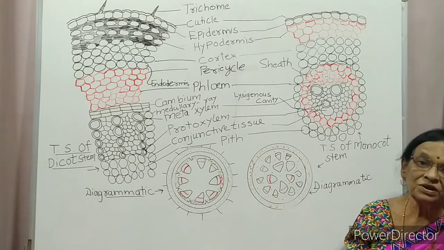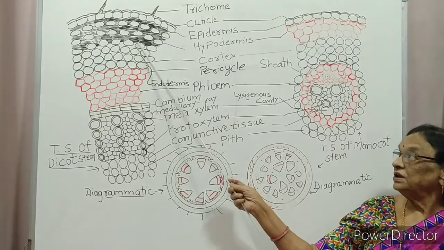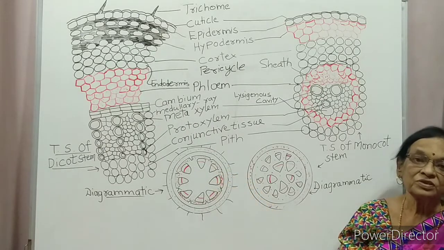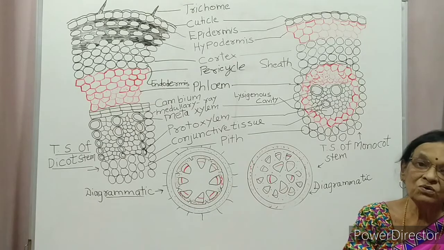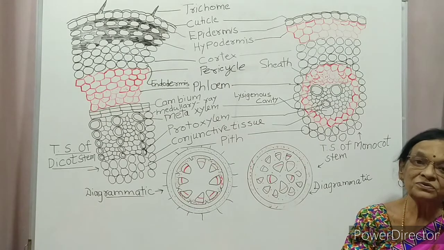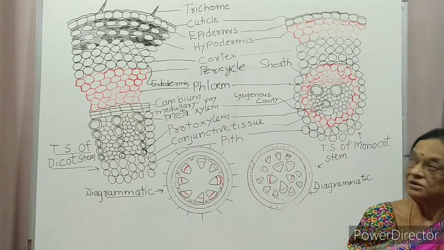Whenever you draw collenchyma, this shaded part shows the pectin deposition. You have studied that collenchyma has a primary layer of cellulose and a secondary layer made up of pectin.